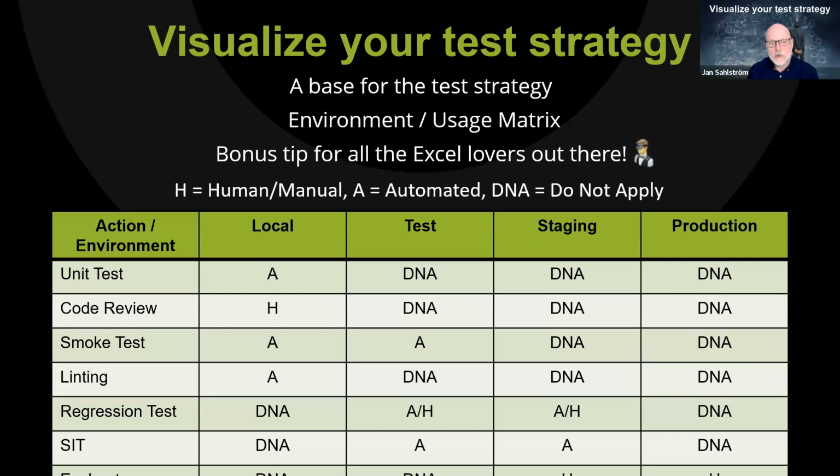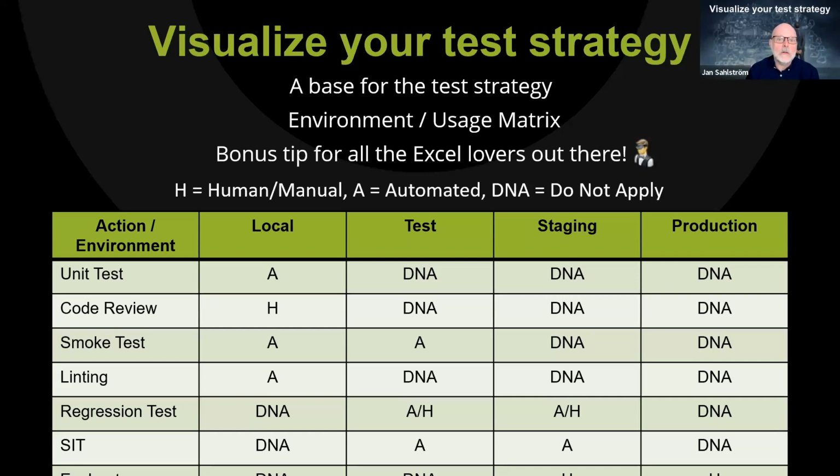Okay, unit testing, you want to do that in local. Code reviews, you want to do that in local, and that is a human activity, hence the H, and the automated activities are an A. So you can easily build your own matrix like this, which means that if you want a quick reference, you can easily find it in these matrices instead of reading through large chapters of documents.